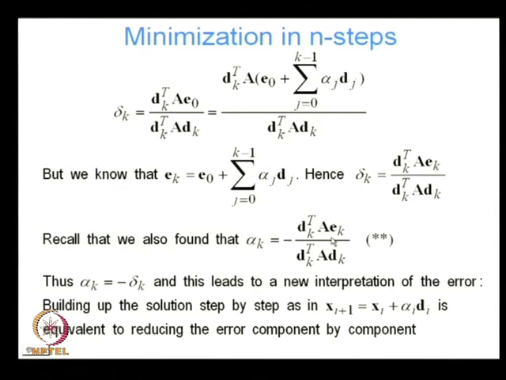This is very revealing, because it leads to a new interpretation of the error. What are the alpha k's doing? The alpha k's are updating my iterates: x_{k+1} is equal to xk plus alpha k dk. And what is my delta k doing? Delta k is a coefficient in the expansion of the original error.